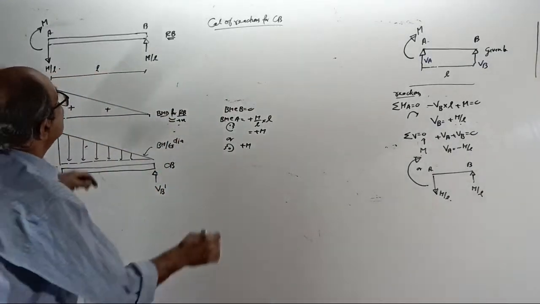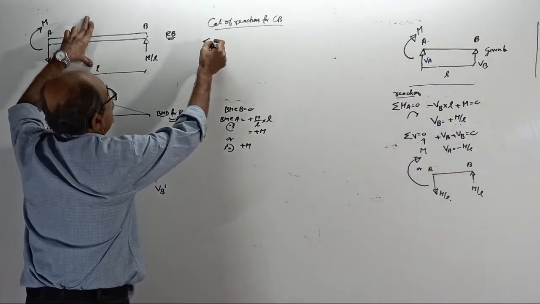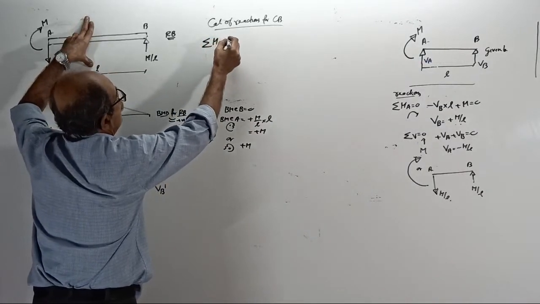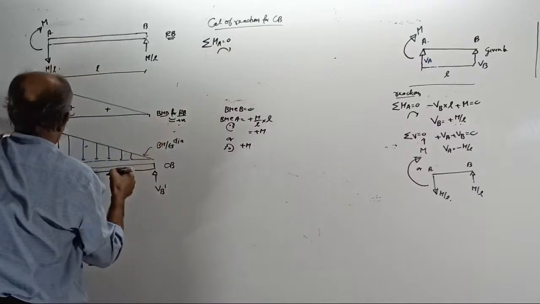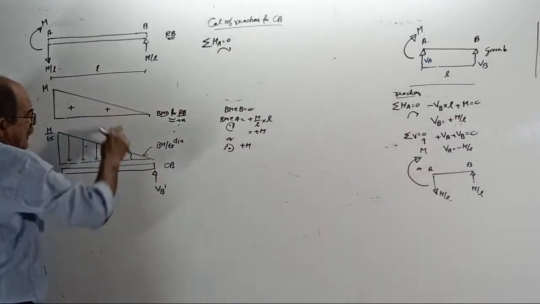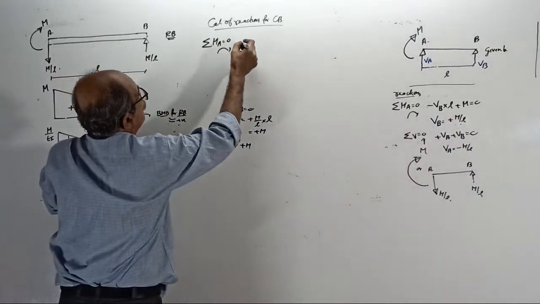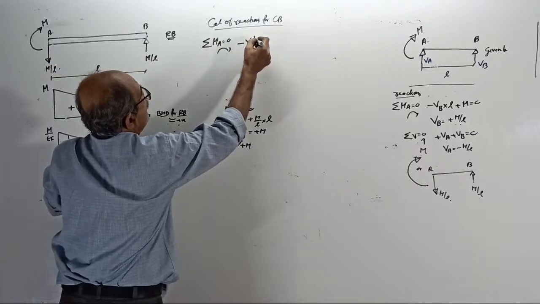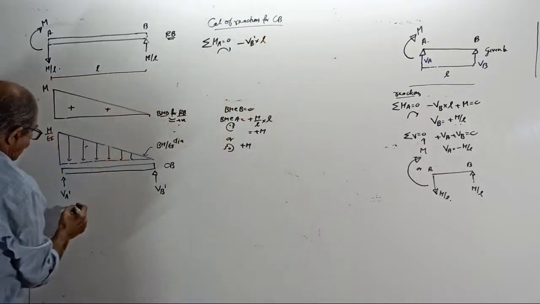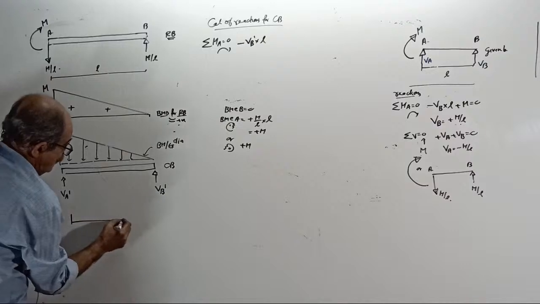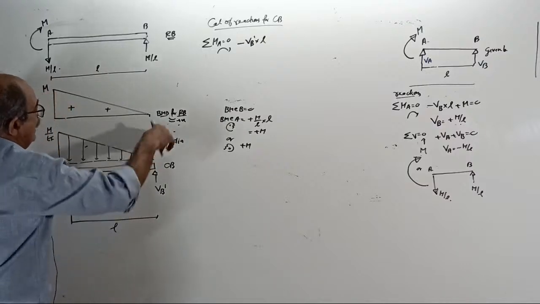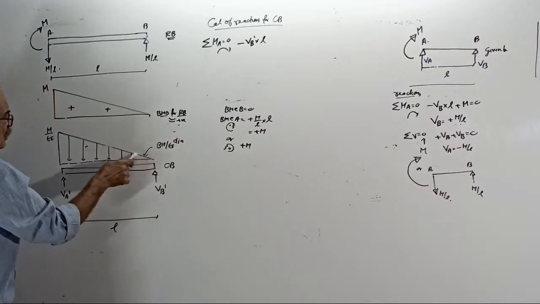See, sigma M about A equal to 0. Take clockwise positive. Start. Minus VB dash into L. L is here; the full span is L. Plus the moment of this load.